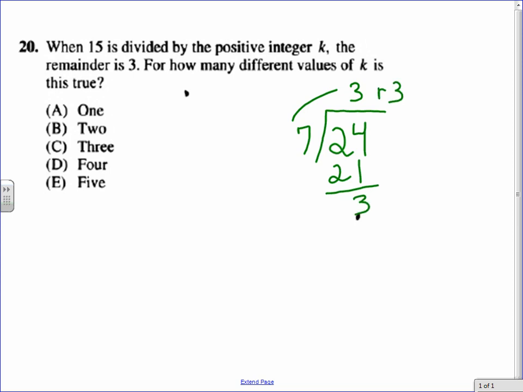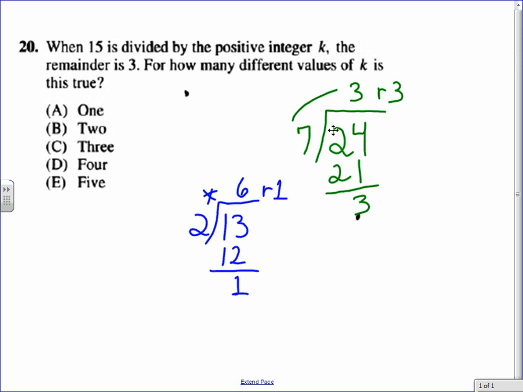And I'll just give one more example. If you had 13 divided by 2, it could go in perfectly 6 times. And then 2 times 6 is 12, and your remainder would be 1.